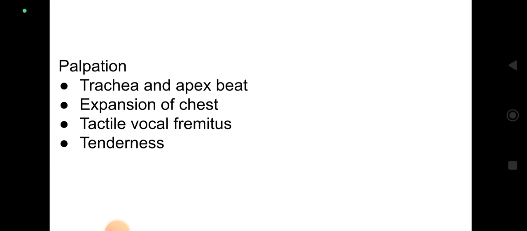Tactile vocal fremitus is detected with the flat of the hand placed on the chest wall. This occurs due to the transmission of sound waves produced in the larynx and proximal airways to the chest wall. Palpation also lets us know about any tenderness present.